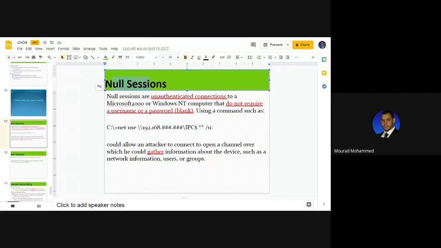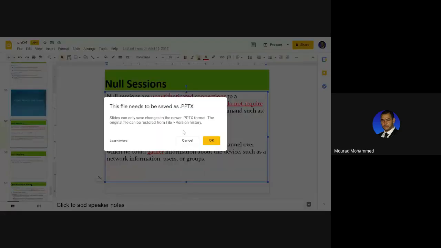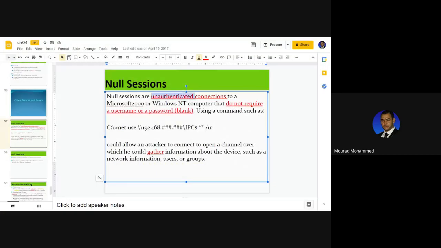But generally, systems do not give access to resources to non-authenticated parties, members, users, subjects. But once it happens, this is a null session attack. What does null session attack mean? It means accessing resources without being authenticated.